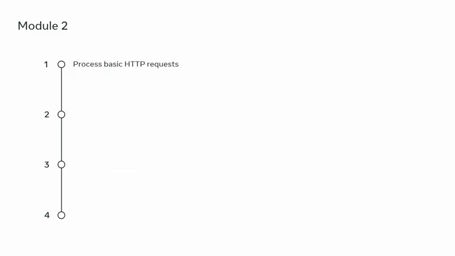In the next module, you will explore views. You will learn about what a view is and how to process basic HTTP requests. Then, you will discover how Django developers use the request and response objects for common operations. You will learn how to differentiate parameters and how they associate with HTTP methods such as get, put, post, and delete.